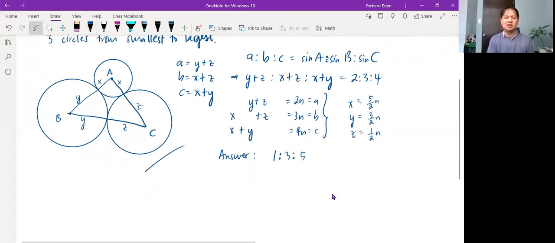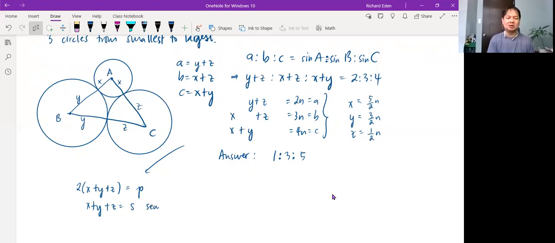You added the three equations, so 2 times X plus Y plus Z equals A plus B plus C, or the perimeter P. Therefore, X plus Y plus Z is P over 2, or S, the semi-perimeter.